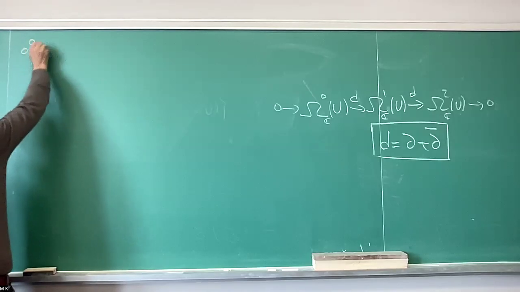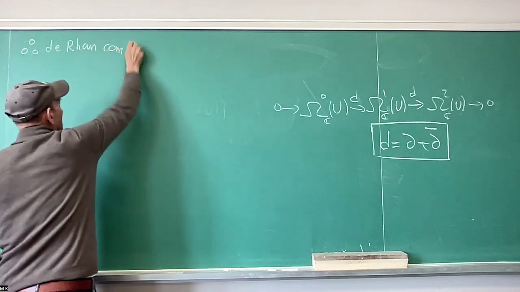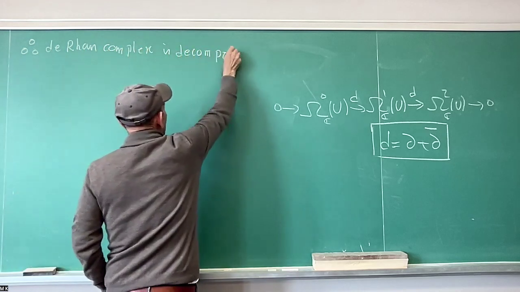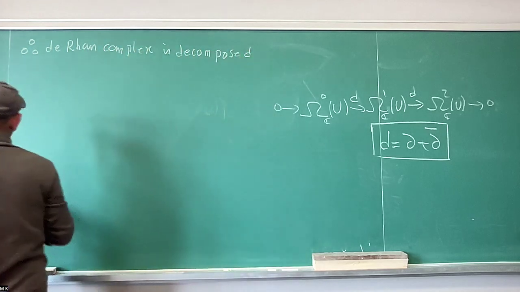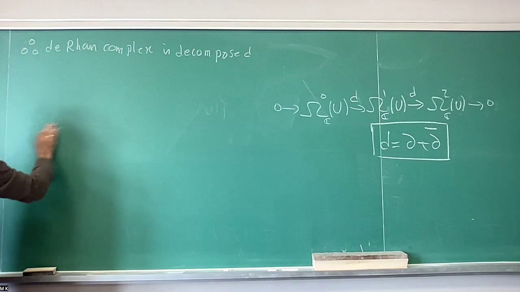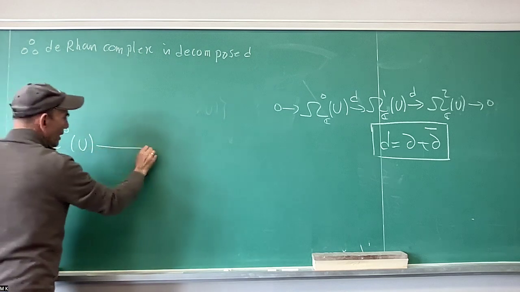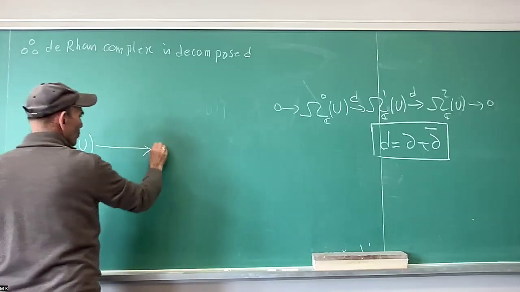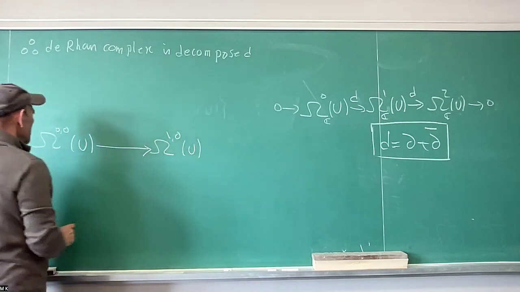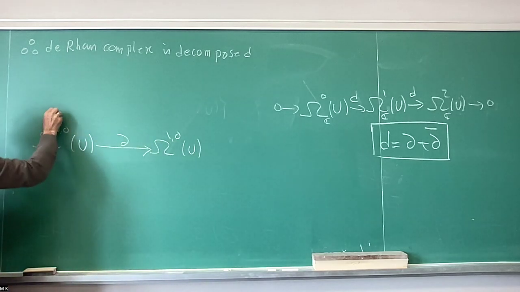So the corollary is that the Dolbeault complex is decomposed in the following way. So we just put, instead of omega 0 now, omega 0,0 of U. And then I go to omega 1,0 of U, and I go here by del and here by del bar.